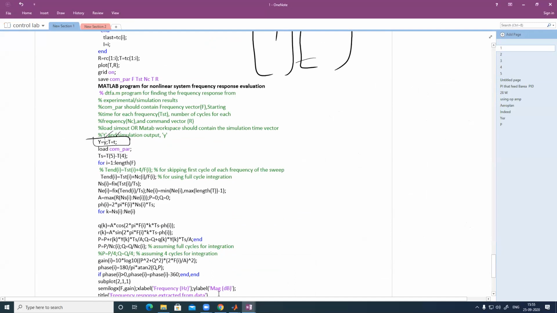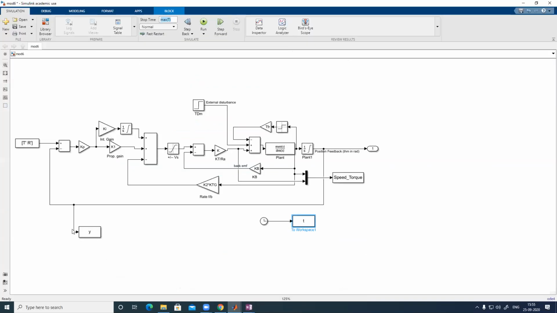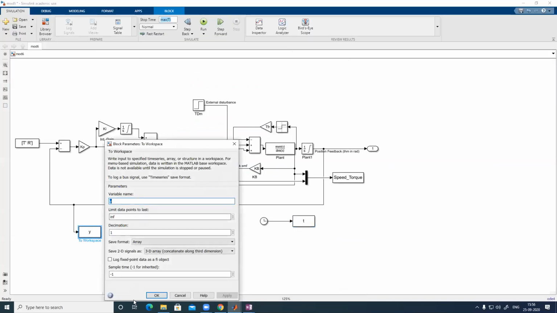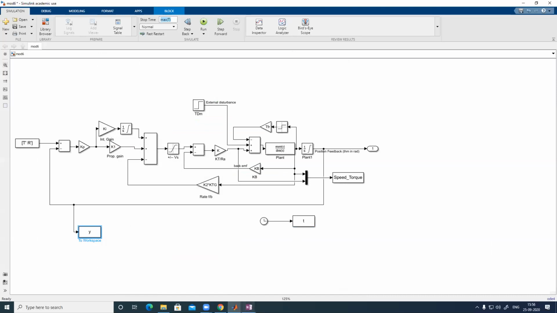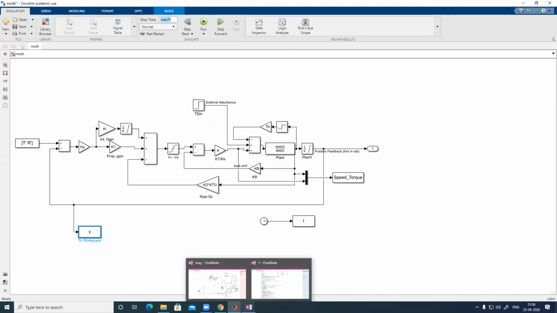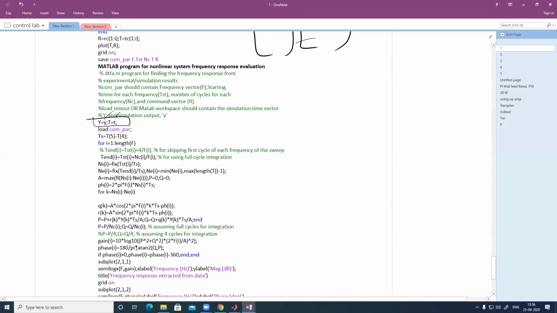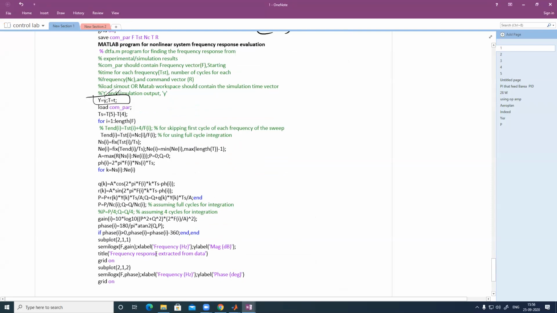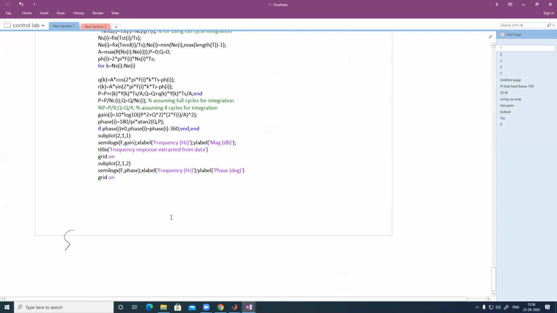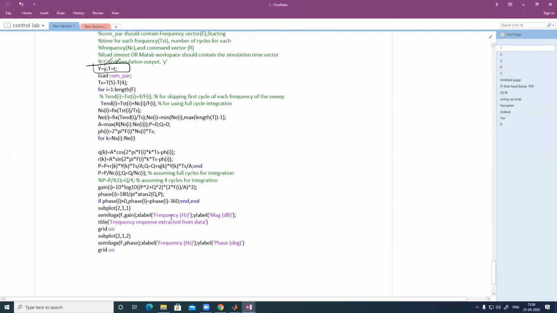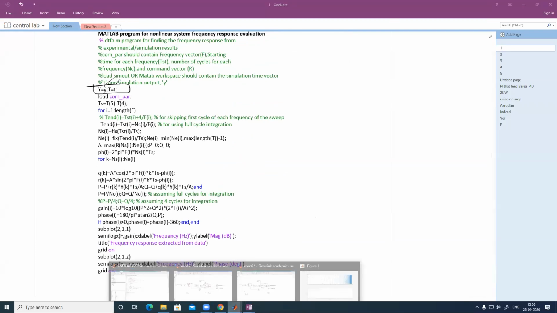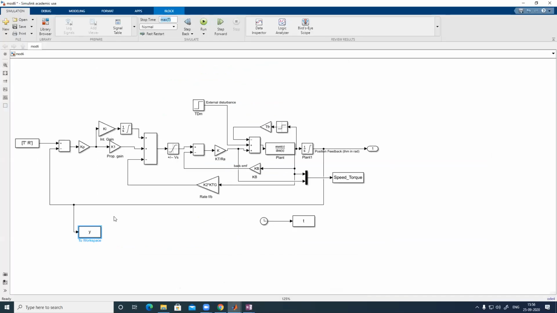Your variables might be out dot y and out dot t, otherwise you might get some error. You are analyzing P square plus Q square and plotting in a semi-log graph, as MATLAB does for Bode. So this is Fourier analysis of the fundamental, and you will get the frequency response of the non-linear system.